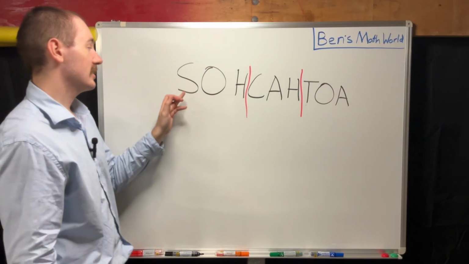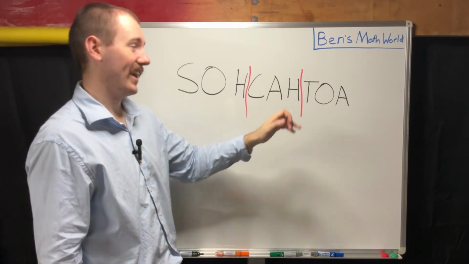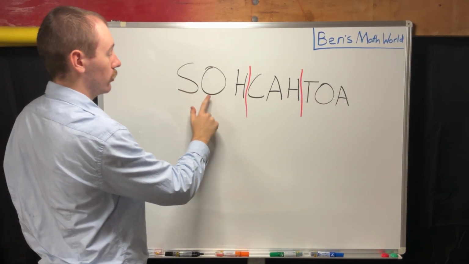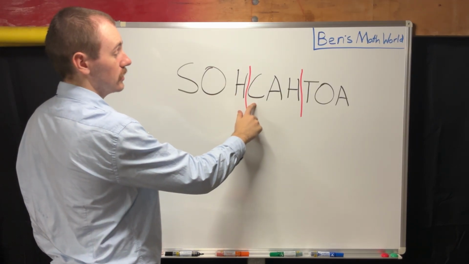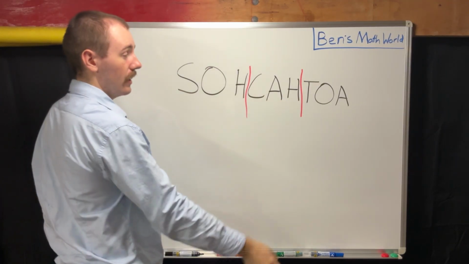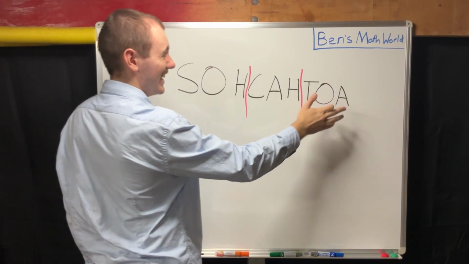Now we have sine, cos, and tan. SOH is sine equals opposite over hypotenuse. CAH is cos equals adjacent over hypotenuse. And TOA means tan is equal to opposite over adjacent.